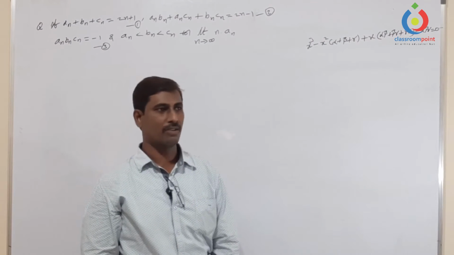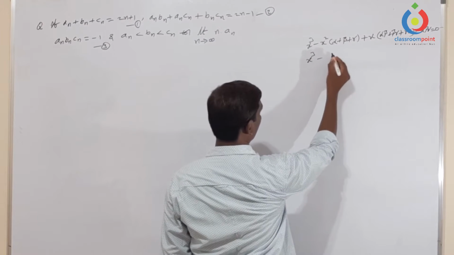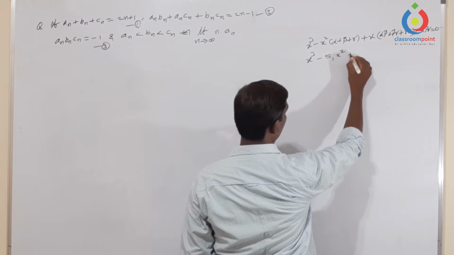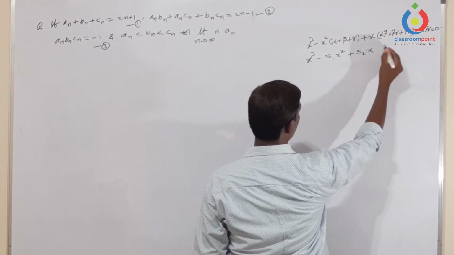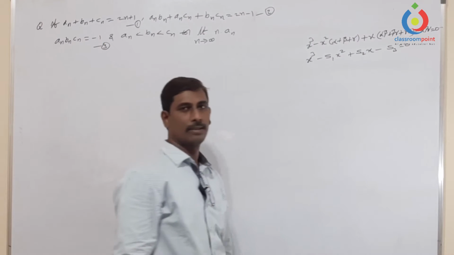This is the cubic equation. It can also be written as x cube minus S1 into x square plus S2 into x minus S3 is equal to 0. Right?